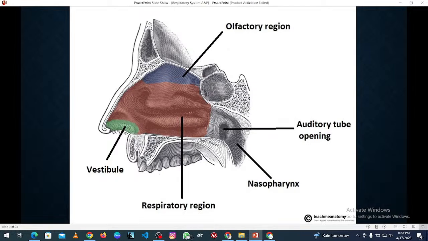There are other factors that help stimulate the goblet cells so that the respiratory system can be protected. We have the vestibular system here. The vestibular system is the green part.